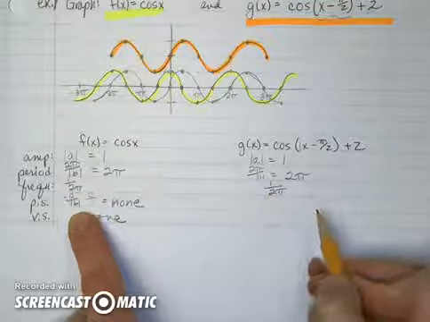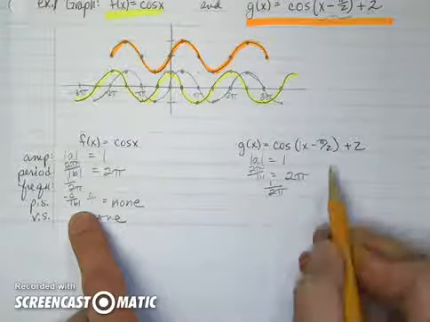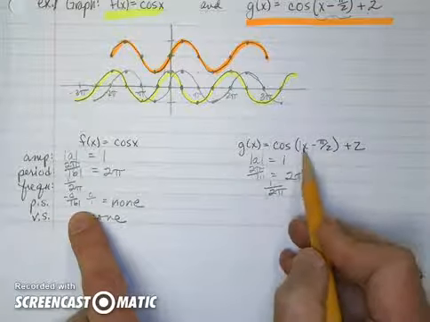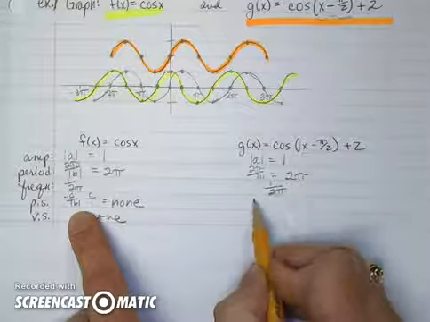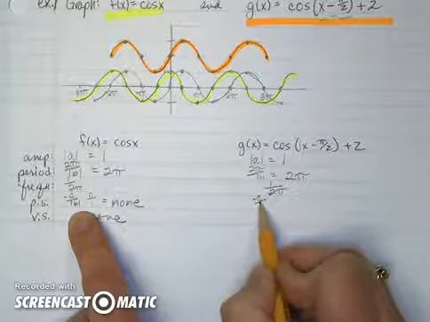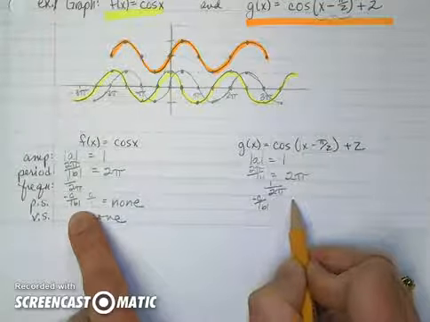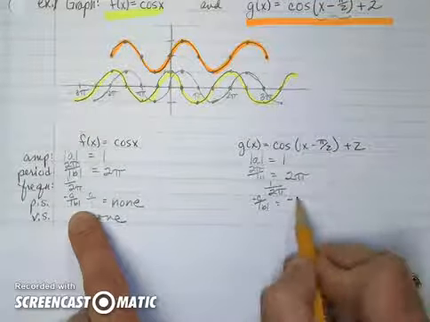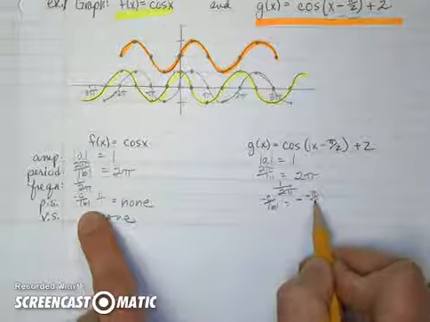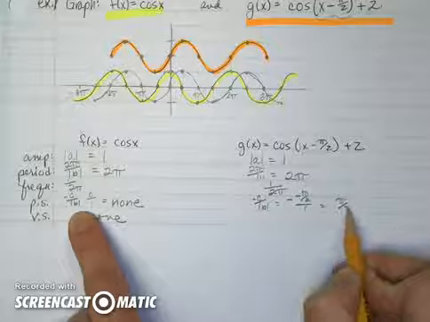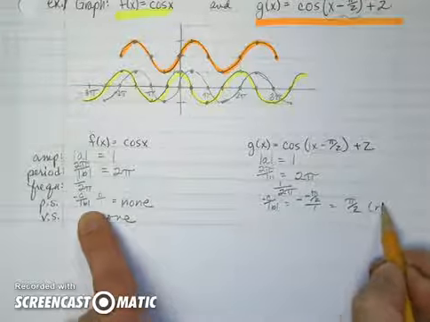My phase shift, here I have a phase shift, and you can look at that right there and see that b is 1, so you don't even really need to do the negative c over b. You just know that that's going to be the negative of negative pi over 2, and that's over 1. So you just have a phase shift of pi over 2. It's going to the right.